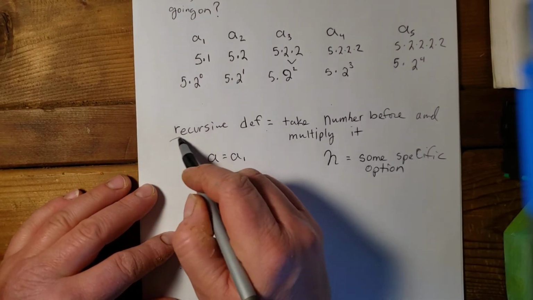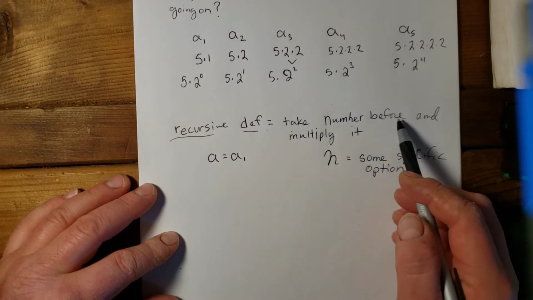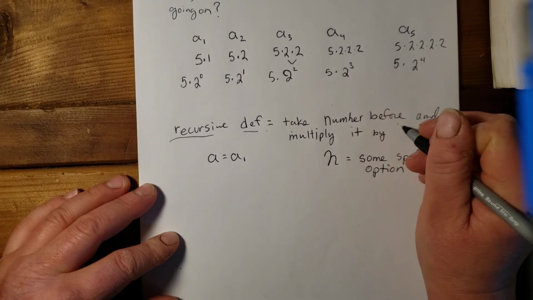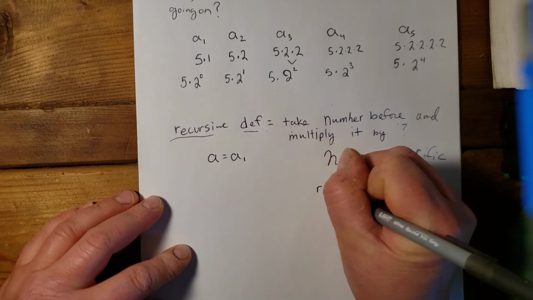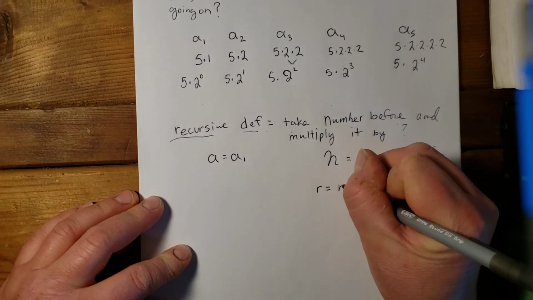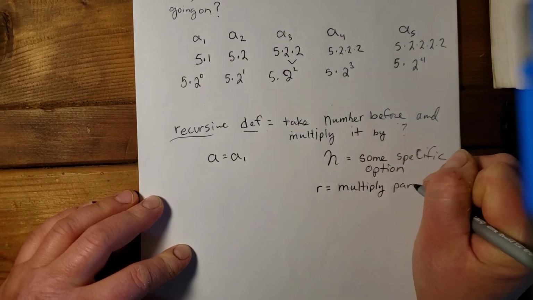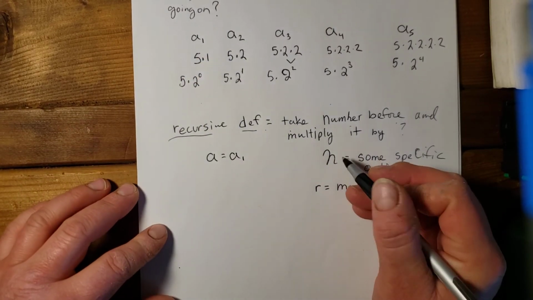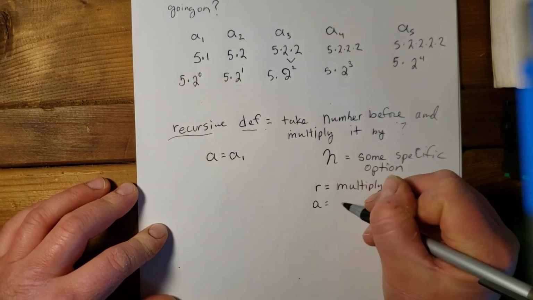So if we were doing a recursive definition, we're basically trying to write out in math, take the number before and multiply it by something, whatever that number is, okay? So in this case, we're going to say that R is equal to the multiplying part. Okay, and in our example, R would have been 2. And A is going to be whatever the thing we started with is.